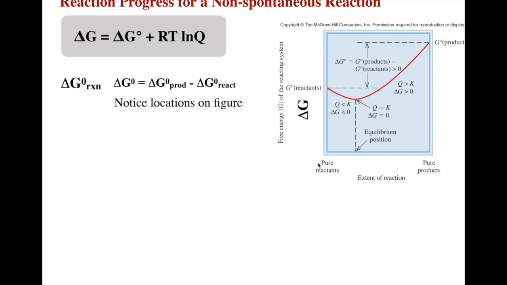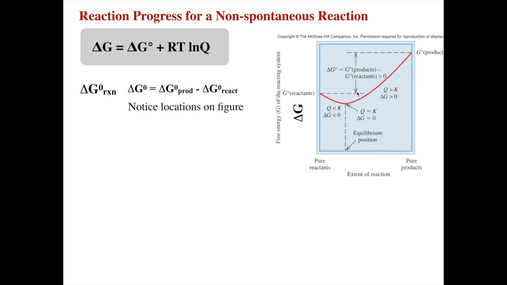So I'm going to go back to this graph here. This kind of graph is what we've just seen. Delta G standard is positive. It is a non-spontaneous reaction. However, where we were in this graph was Q less than K, delta G is negative for those conditions.